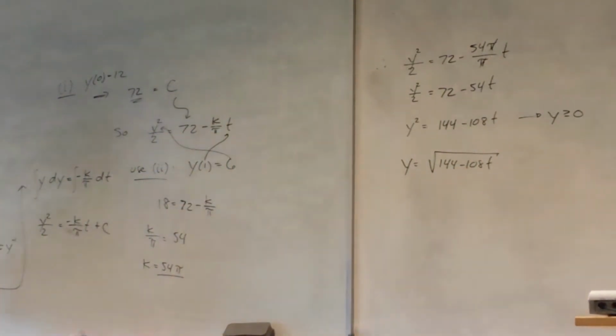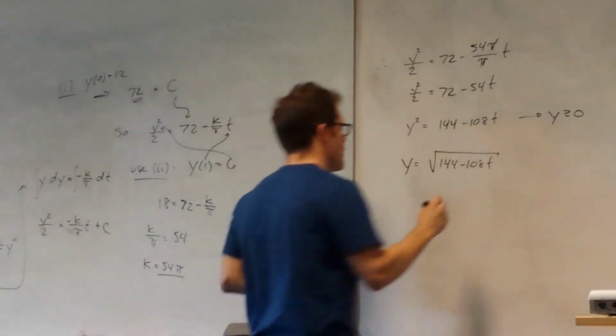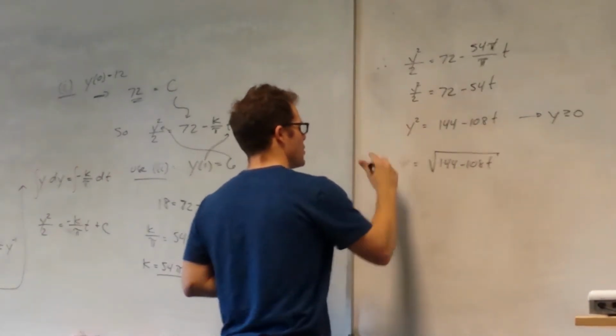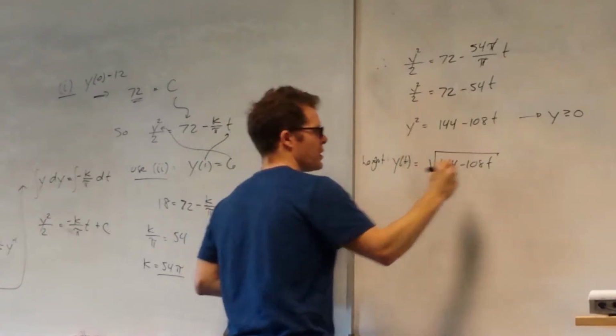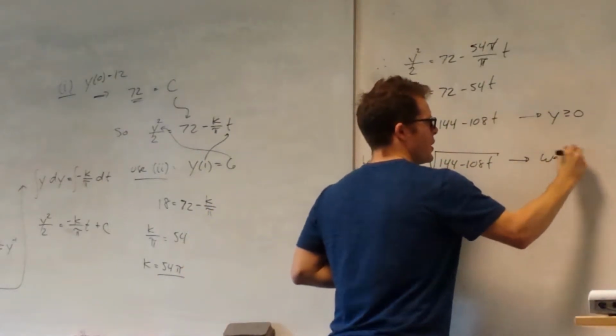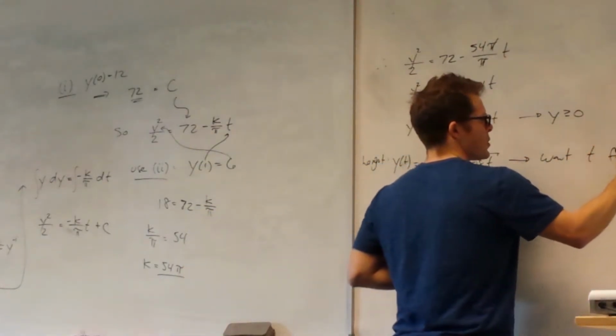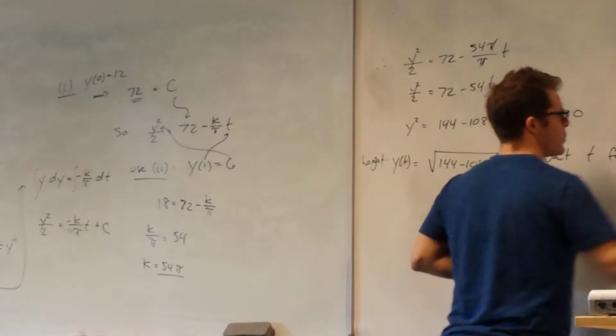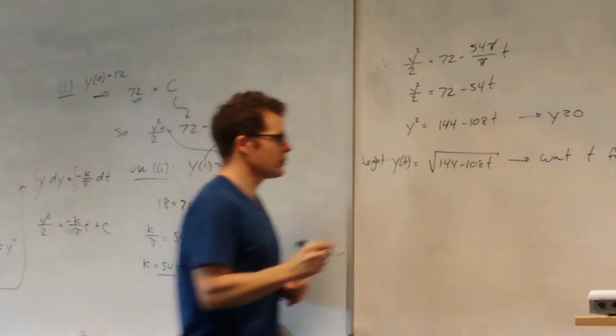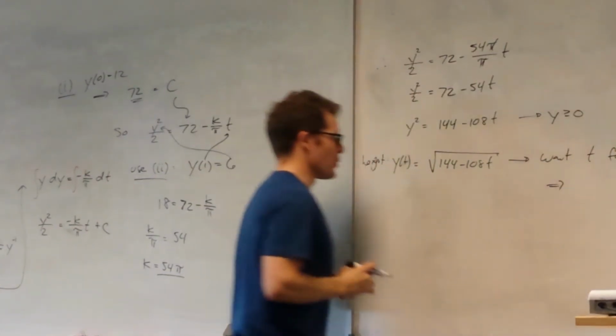So what was the overall problem that we're trying to solve? What time does the tank physically completely empty? Right, so this is our height, y of t. We want the t value for which y of t equals 0.